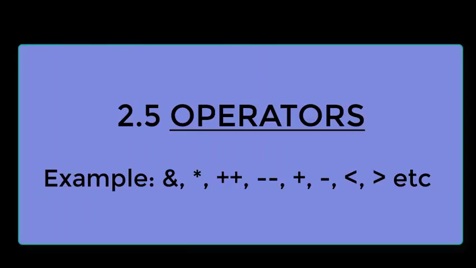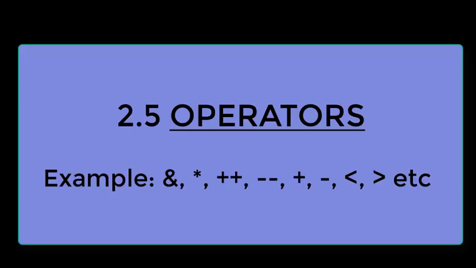The last one is operators. An operator is a symbol which performs specific mathematical or logical manipulations. There are two types of operators: unary operator and binary operator. Unary operator is that which requires one operand to operate upon, and binary operator is that which requires two operands to operate upon.